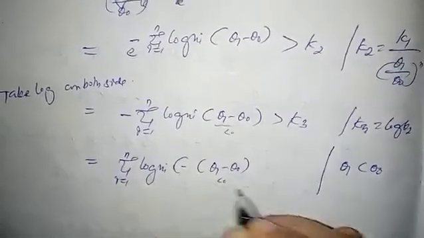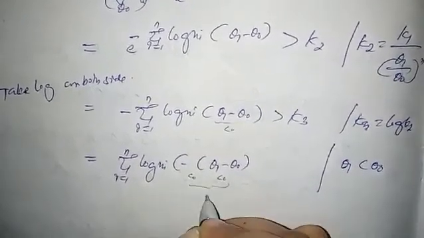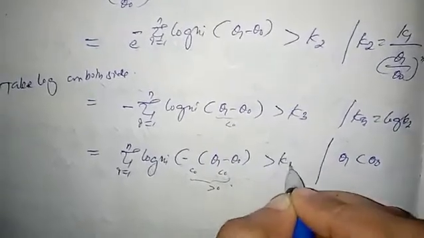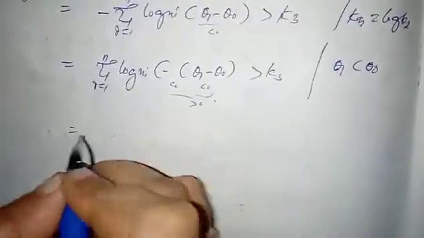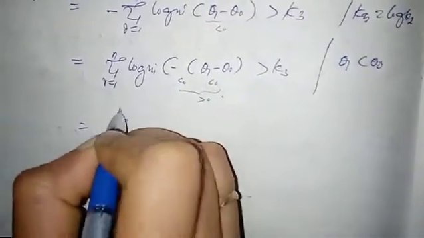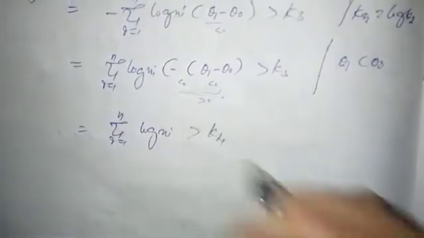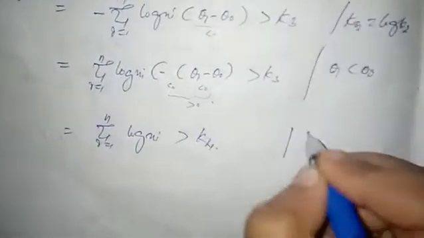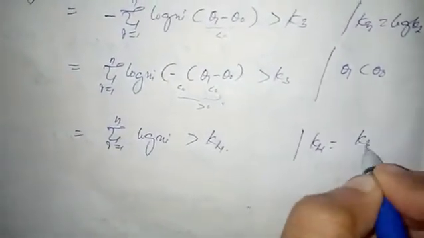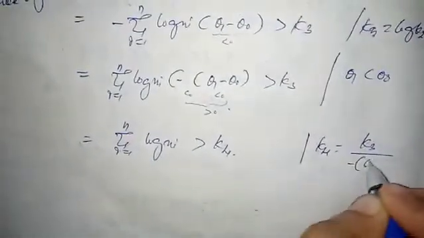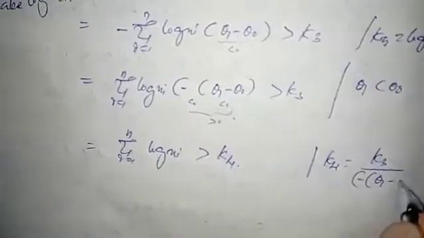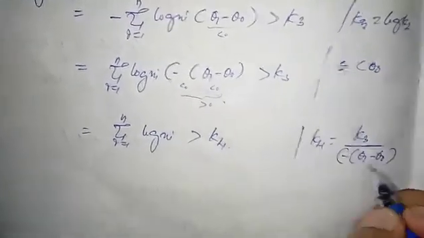Here this is negative and this is negative, then this term is positive, right? Then we can write it as summation i = 1 to n log xi, which is greater than k4, right? What is k4 then? K4 equals k3 divided by this term, that is minus (theta 1 minus theta naught). Alright, this is a positive term, right?